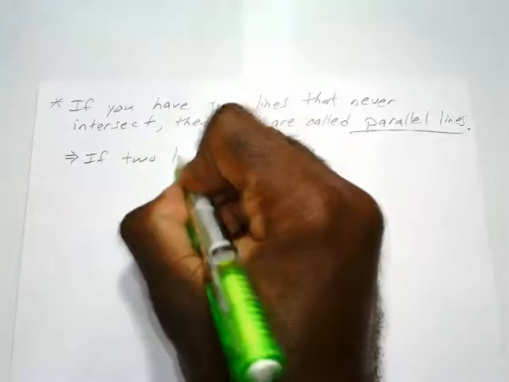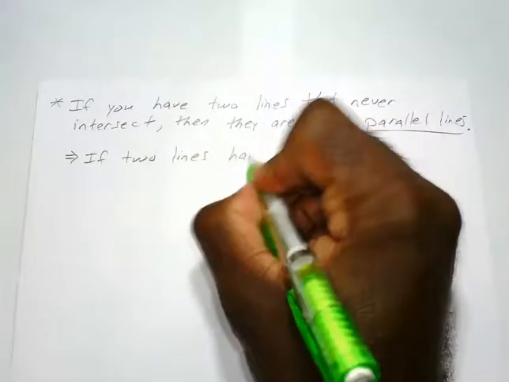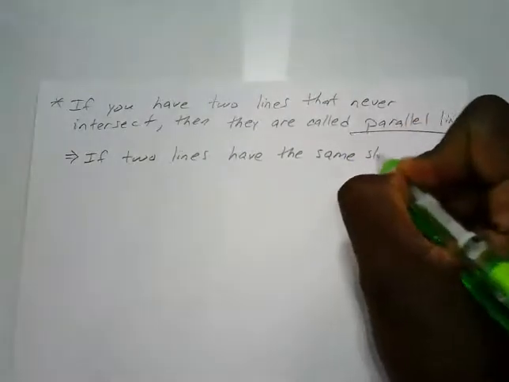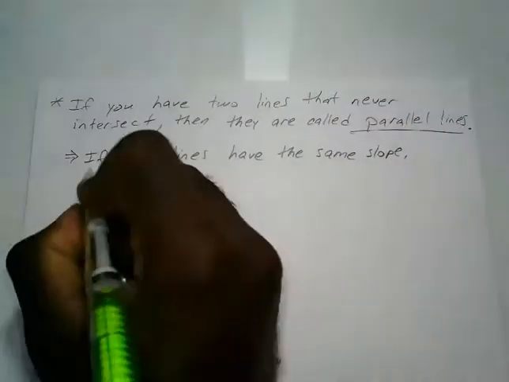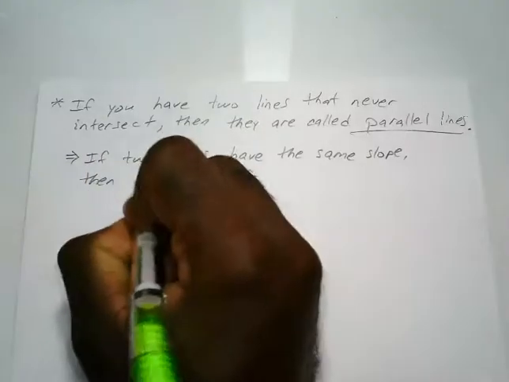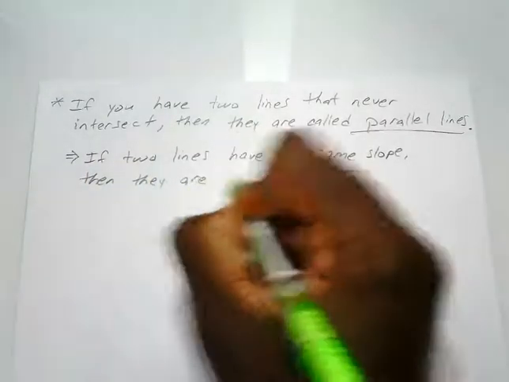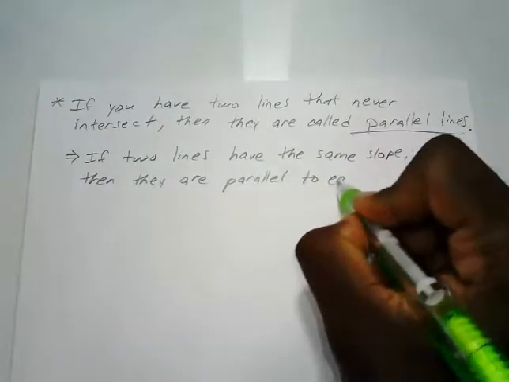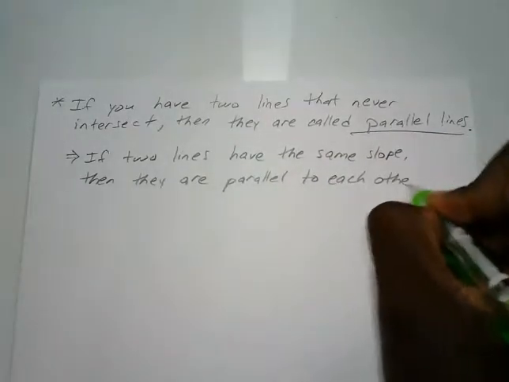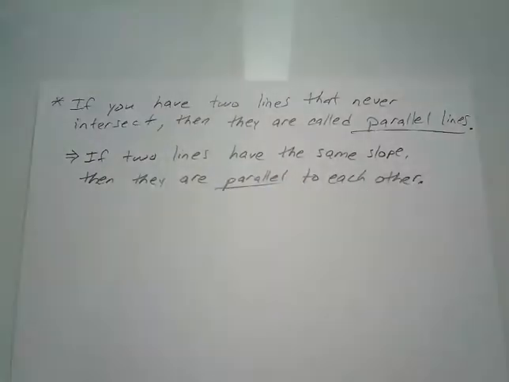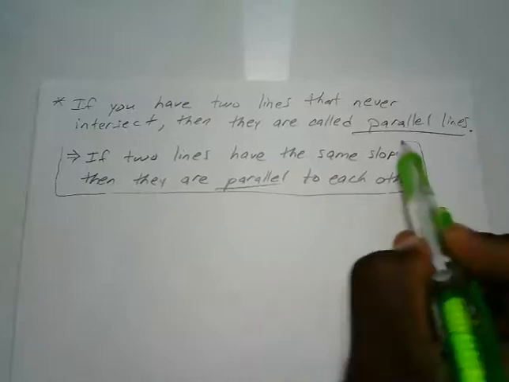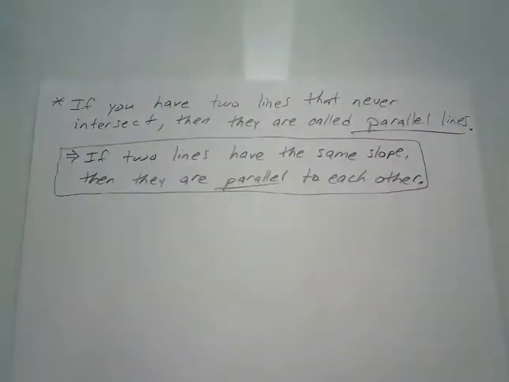If two lines have the same slope, then they are parallel to each other.